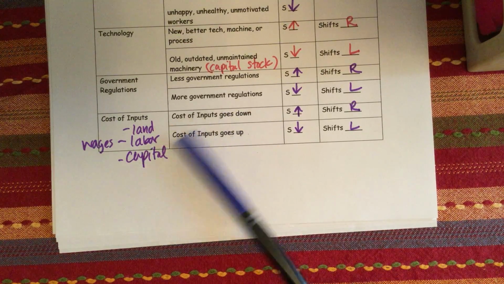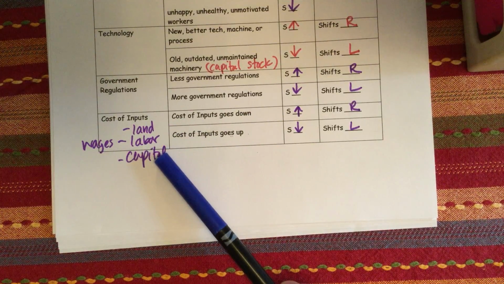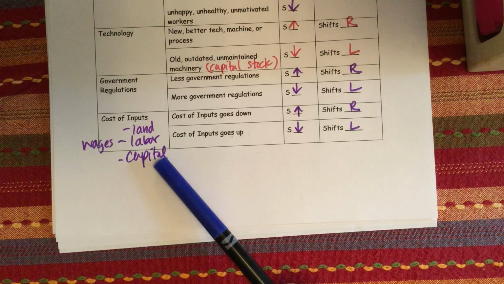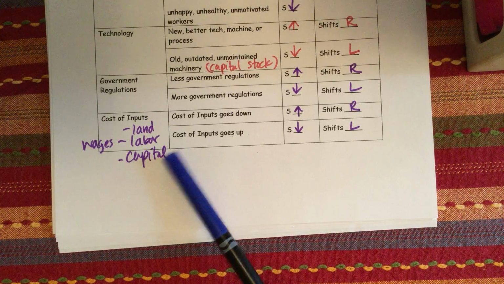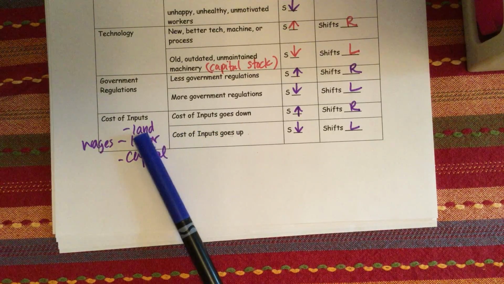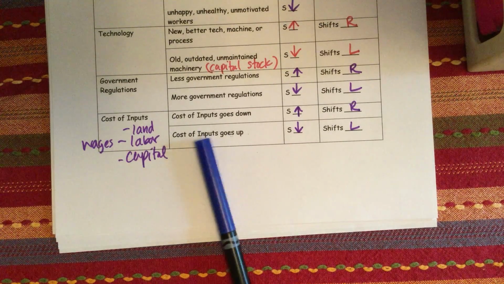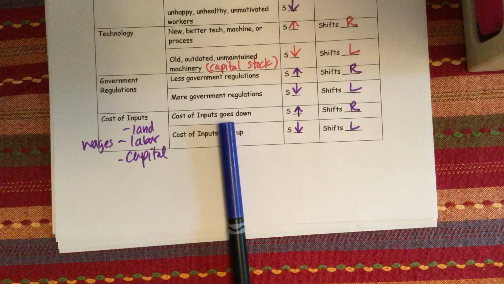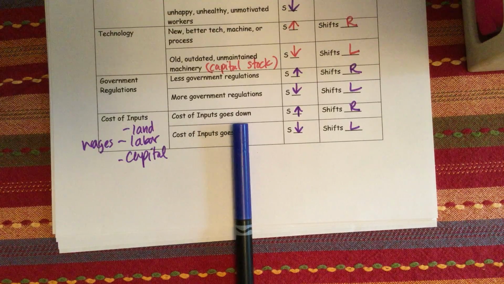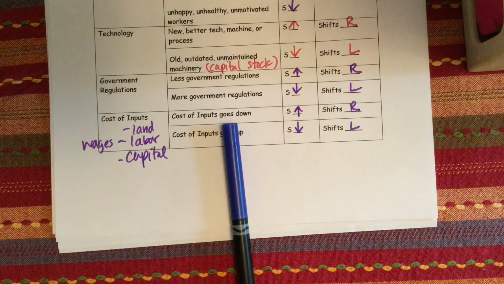So let's say, for example, that I am a bakery owner. I own a bakery and I'm in the production of cakes. The resources that I need in the production of cakes would be like flour, sugar, eggs. If the price of those goods were to go down, I'd be able to buy more eggs, more sugar, more flour, then I'm going to be able to produce more cakes.